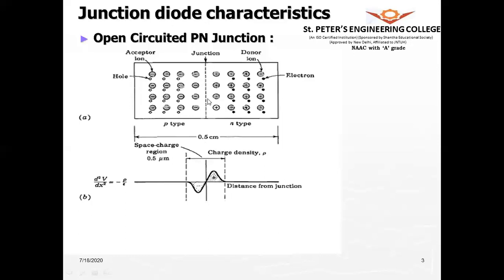Here we can see the junction, and near the junction there are no free charge carriers. We can see holes present here, electrons present here, but around the junction there are no free charge carriers.